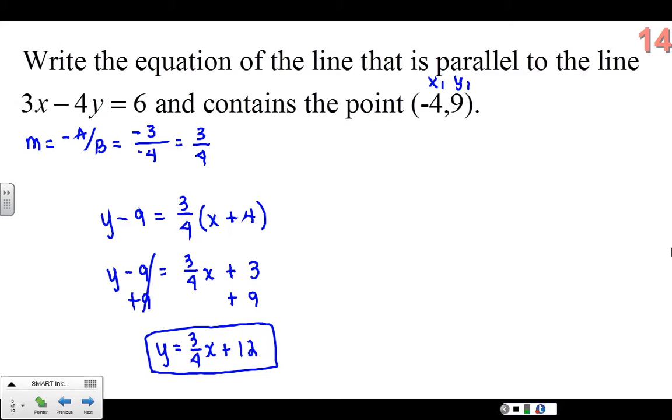Now, if they wanted the equation in standard form, let's talk about that for a second. If we want to write this in standard form, first thing I would need to do is move the 3/4 x over to the other side. So I'd have negative 3/4 x plus y equal to 12. I need to clear fractions, so I'd multiply through by 4.